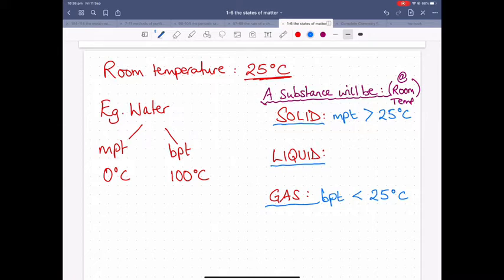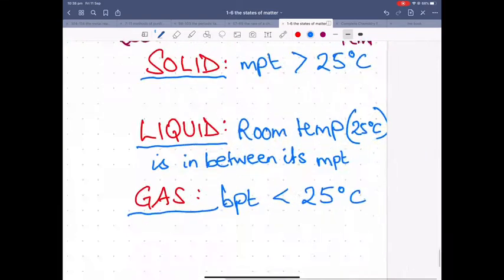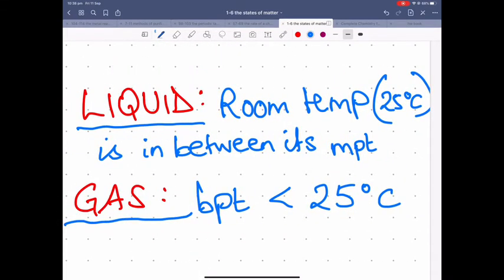So it's a liquid if room temperature, which is 25 degrees C, is in between its melting point and boiling point.